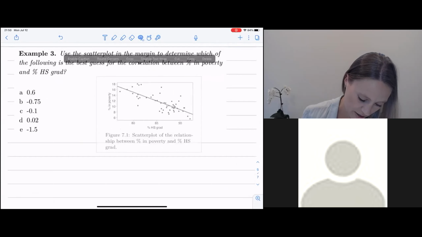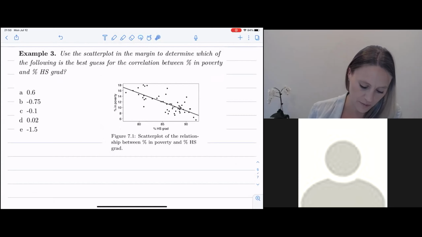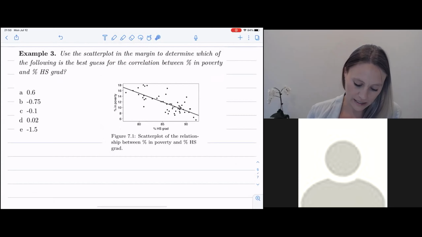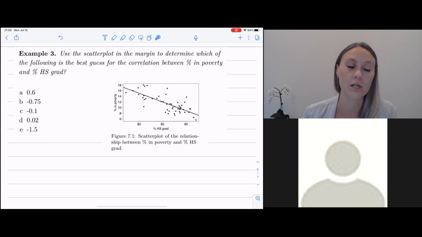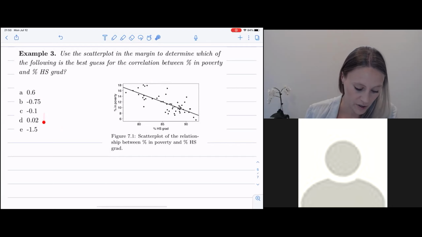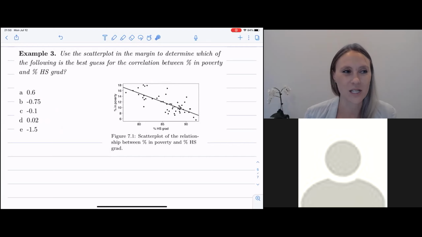I think I rely on that data set pretty heavily here, just to illustrate all these concepts. So I'll use the scatter plot, which is this one here, to determine which of the following is the best guess for the correlation between the percentage in poverty and the percentage in high school grads. So I encourage you to give it a pause, give it a try. One of these is the correct one, and see where you get to.